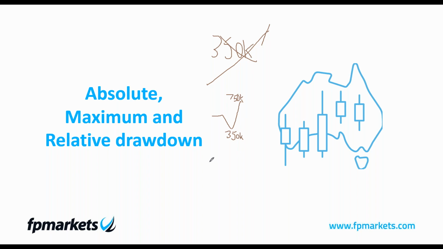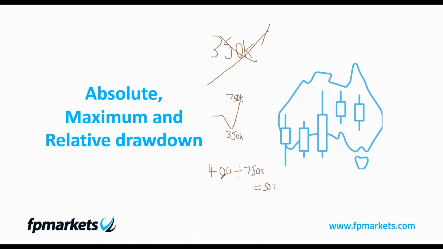750 minus the two values gives us 400K, divided by 750K. Yes, and that gives us about 53% maximum drawdown within that account.